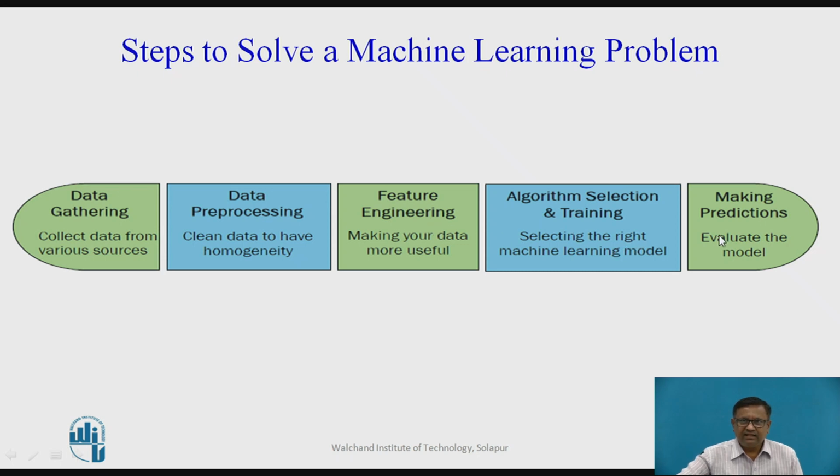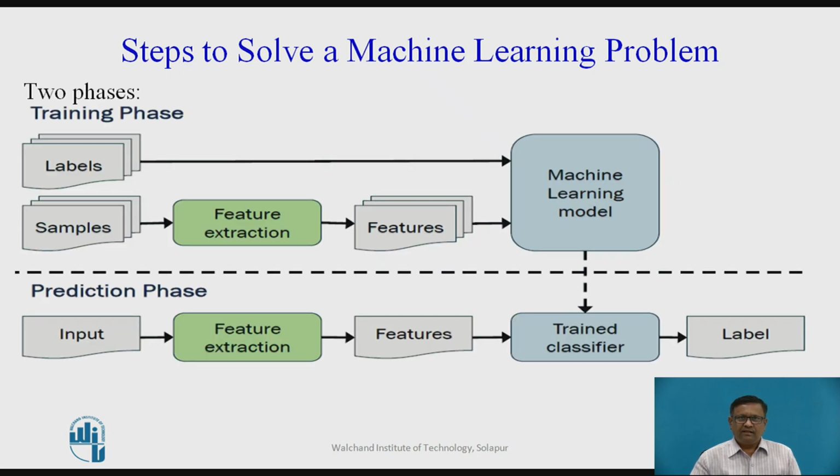Finally, this is used for making predictions, and naturally we can evaluate the performance of the model as well. So these are the 5 steps involved in the machine learning technique, which can be applied to any given problem.